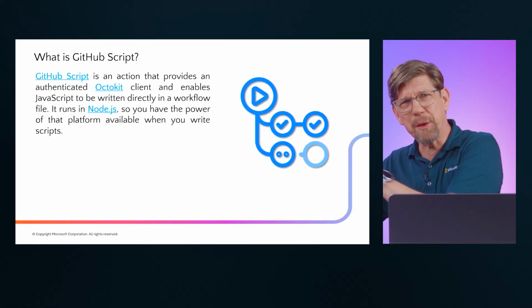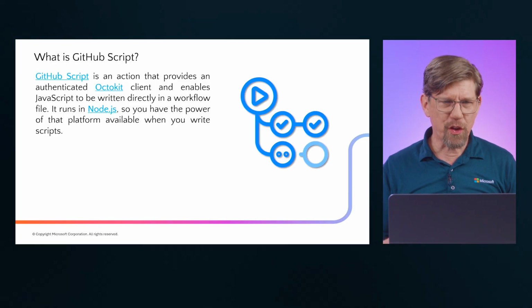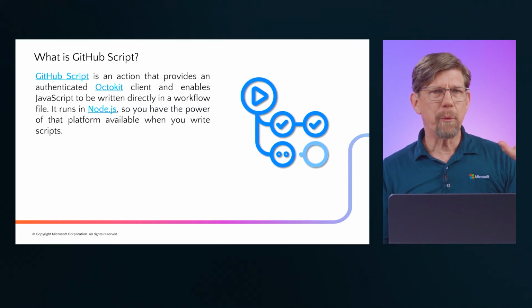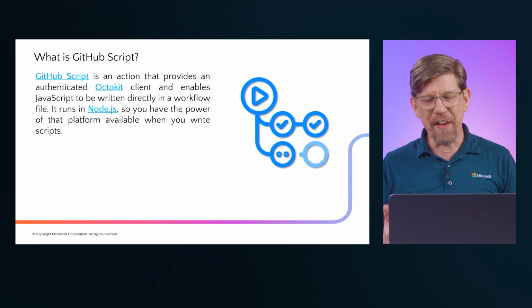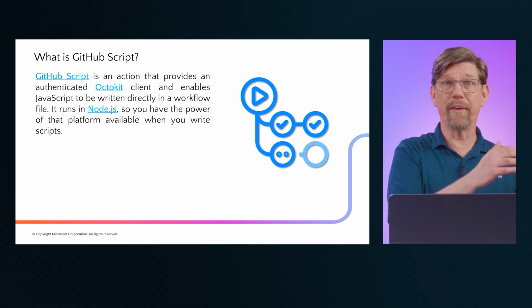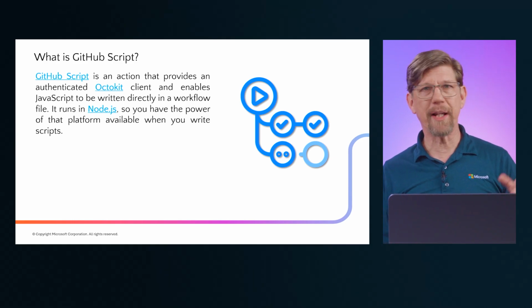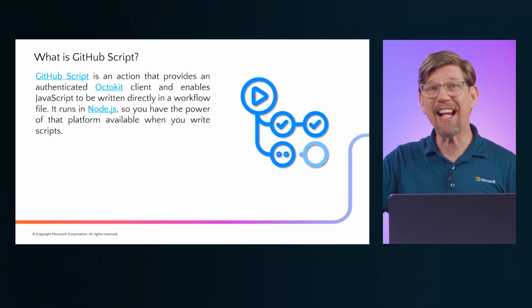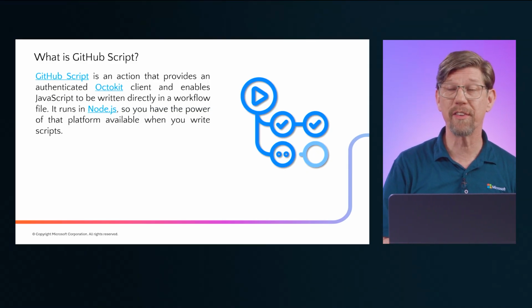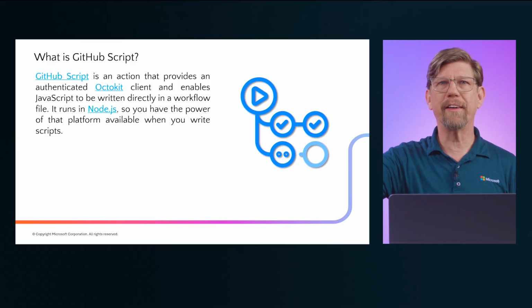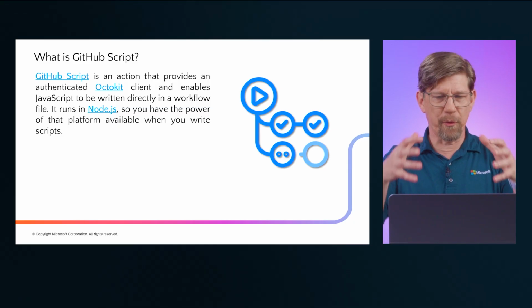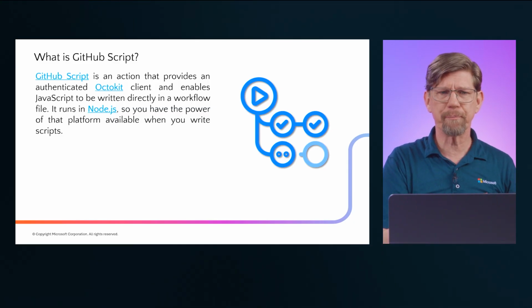Now, we're going to veer a little bit outside of what we've been doing and talk about GitHub Script. Your workflows very likely at some point in time will need to interact back with GitHub. You will need to create an issue. You will need to add a comment to an existing issue or to a pull request. You will need to invoke another workflow. Whatever it happens to be, you've got a lot of opportunity for the pipeline itself to call back.